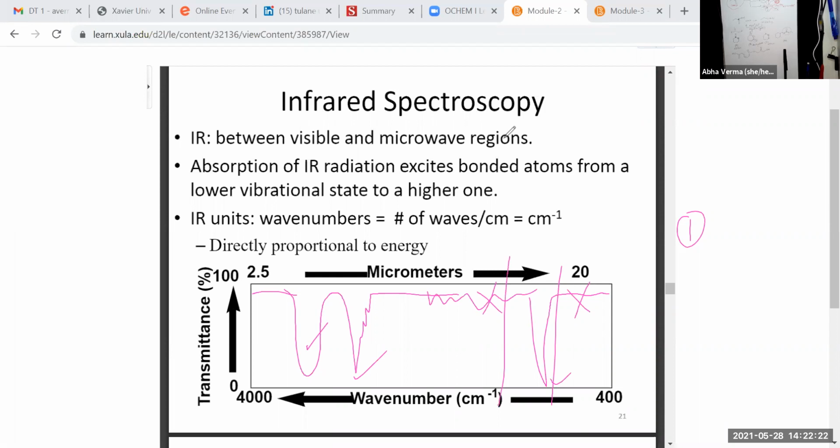From what we just studied, this is probably a single bond, which is not a hydrogen bond. So how many single bonds do you know of? There are so many of them.